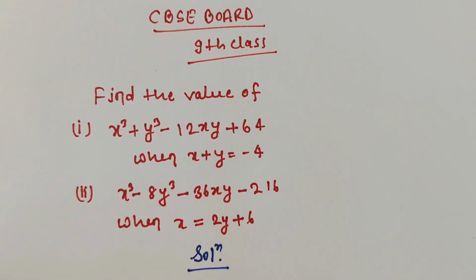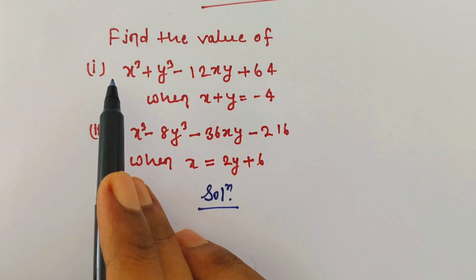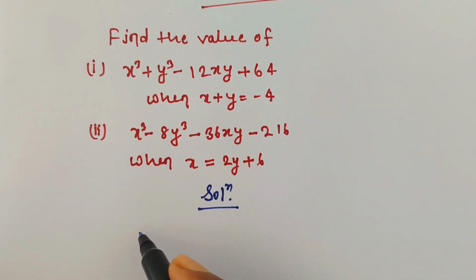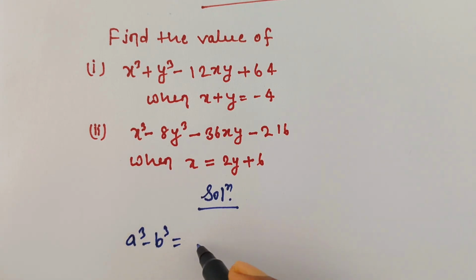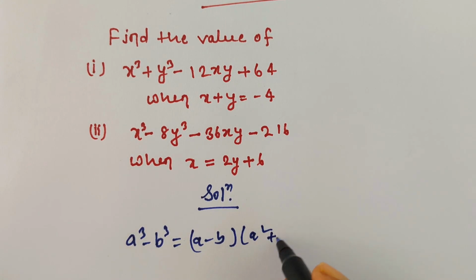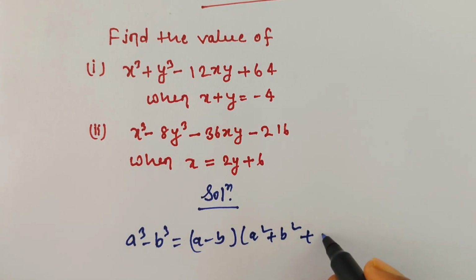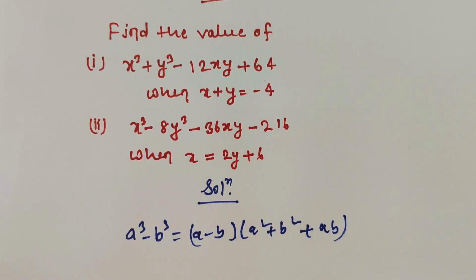Let's start and see how to solve these questions. Starting with the first question, we need to write some important algebraic identities. So a cube minus b cube equals a minus b into a square plus b square plus ab. This is a very important identity of algebraic expressions.